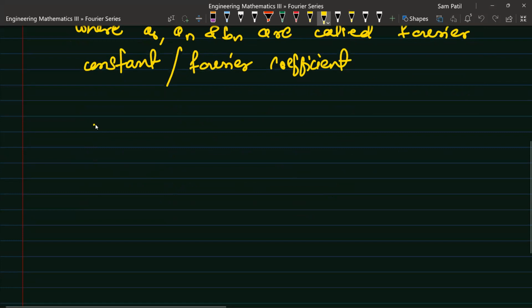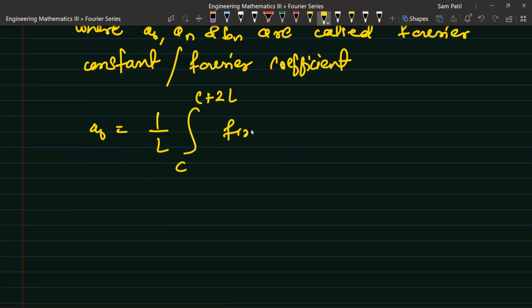a naught is 1 upon L, integration c to c plus 2L of f(x) dx. Of course, this integration is very important in this case. Then what is an?